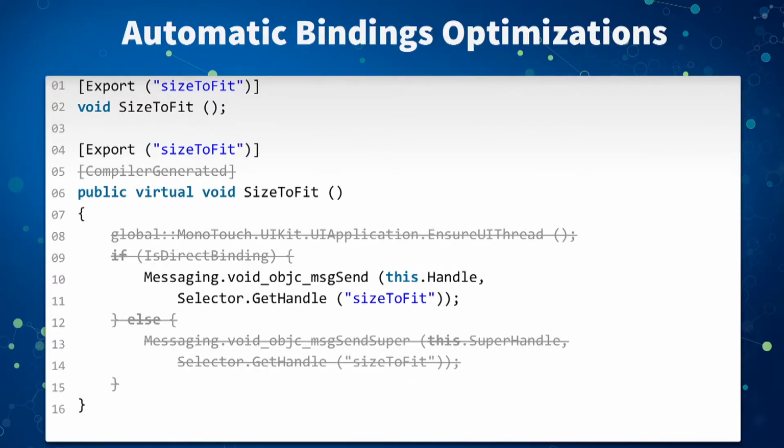Since we know all those things, we can already predict what its direct binding value will be. So we can remove a branch to simplify this binding. So that binding finally is just one line of code. It's called the messaging direct to the selector.